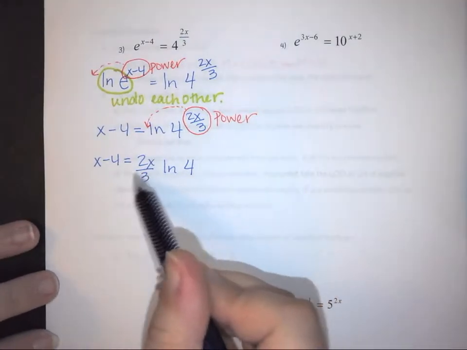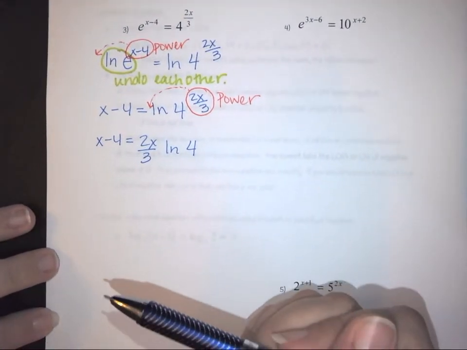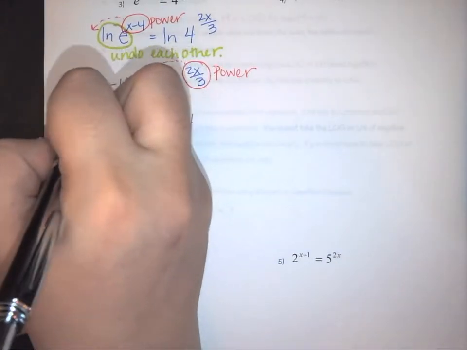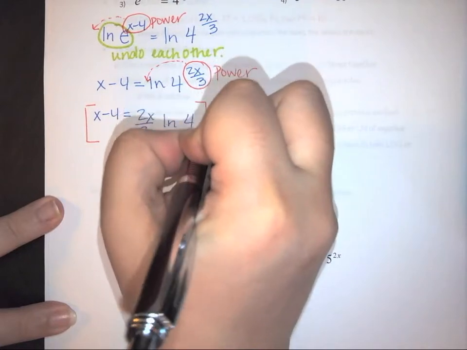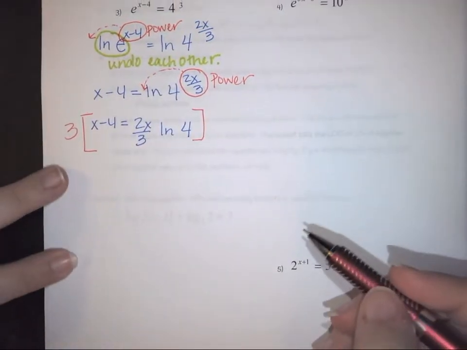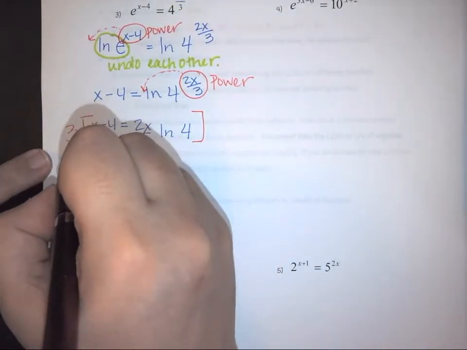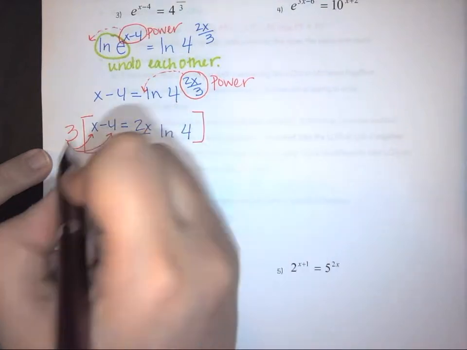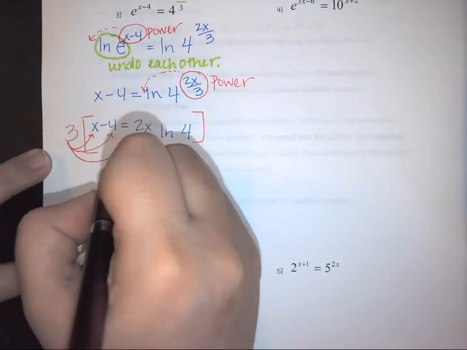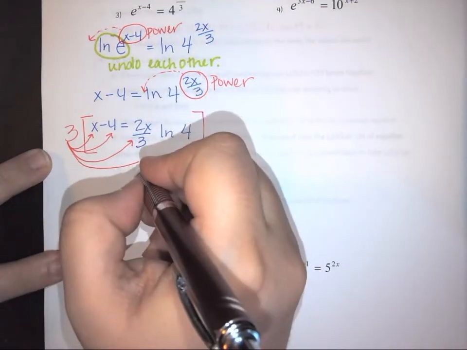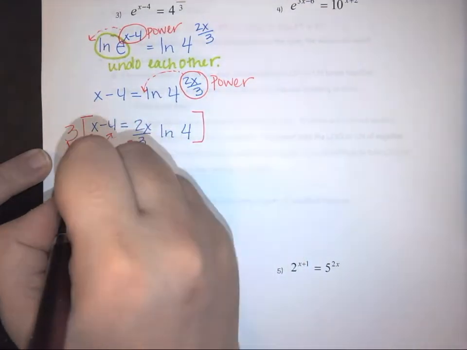Now I have this 3 in the bottom. So in order to get rid of it, because it's a fraction, I am going to multiply my entire equation by 3. So this means I'm going to do 3 times the x, 3 times the 4. I'm also going to do 3 times my fraction.